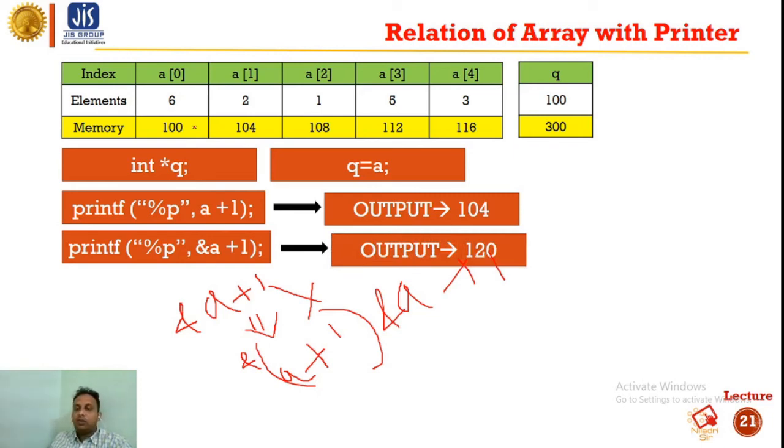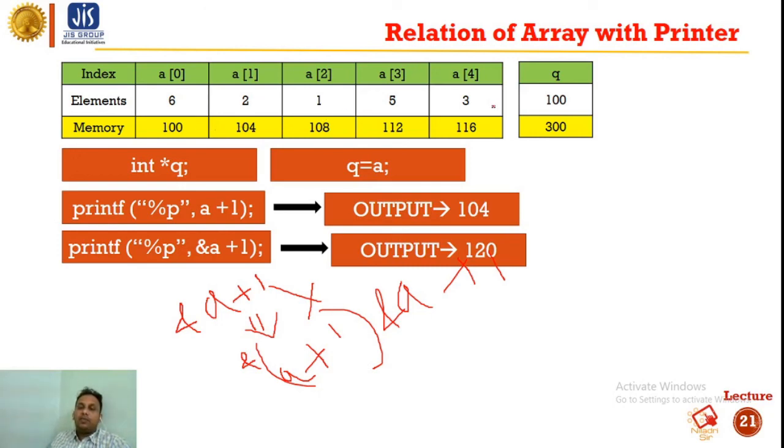Why 120? Ampersand a means the complete address of a. As we can see, it started at 100.